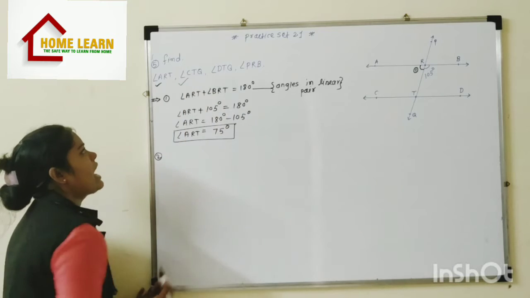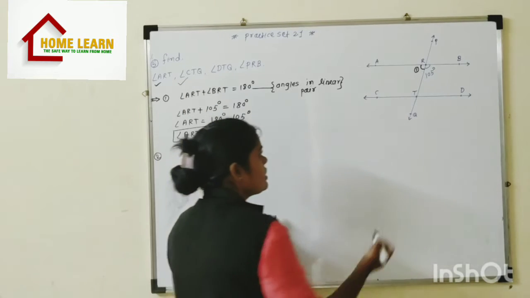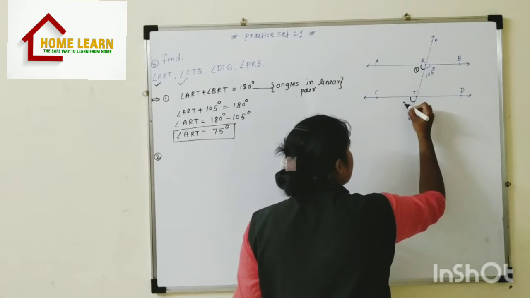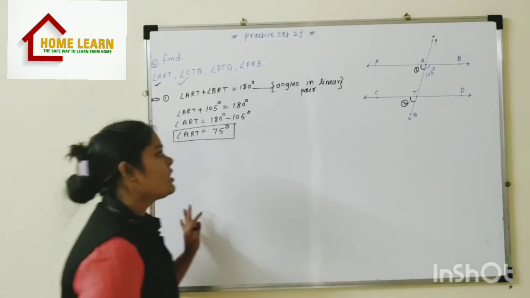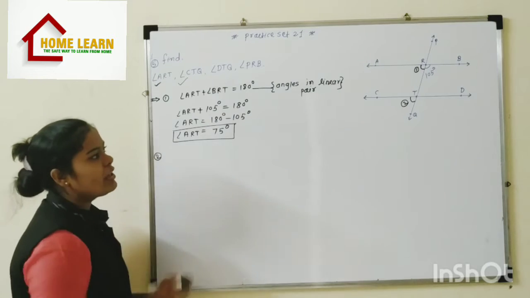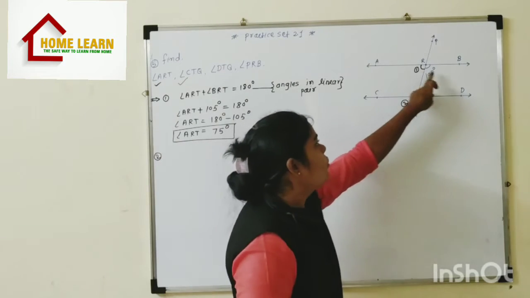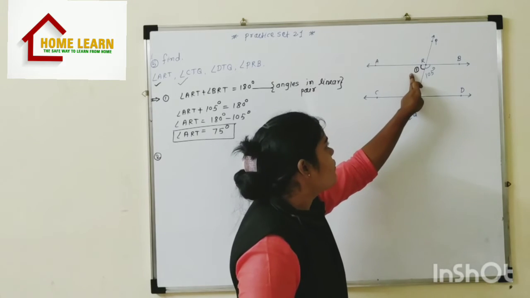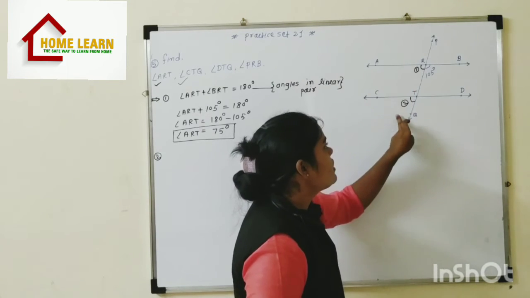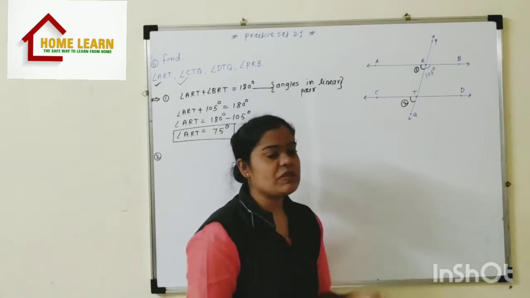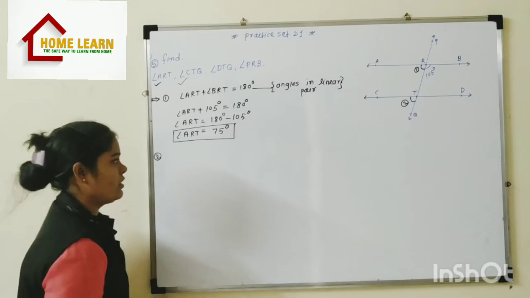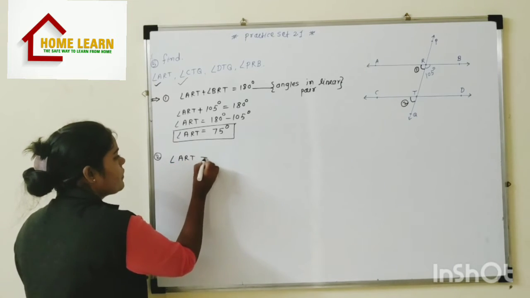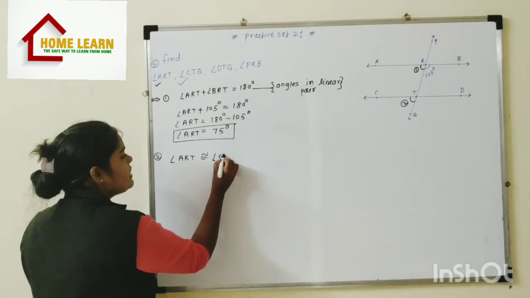Let's solve the second, angle CTQ. See here, angle CTQ, that means we have to find this angle right here, angle 2. Now for CTQ, in the figure you can see that both lines are parallel and this is their transversal line, so angle 1 and this angle are corresponding angles, and we know that corresponding angles are congruent to each other. So right here, angle ART is congruent to angle CTQ.